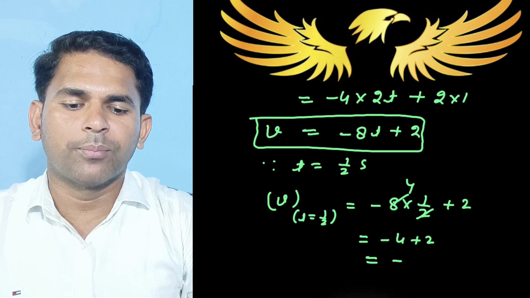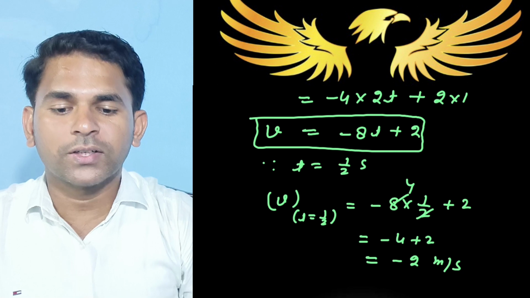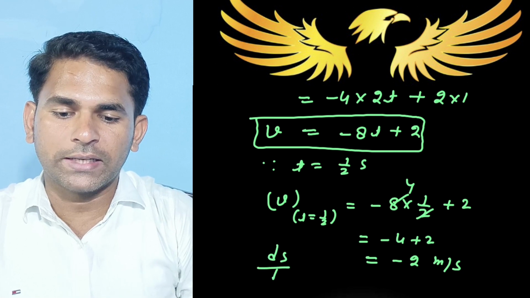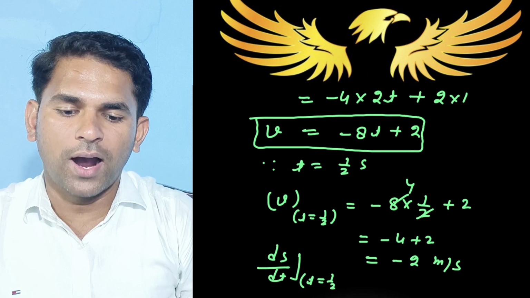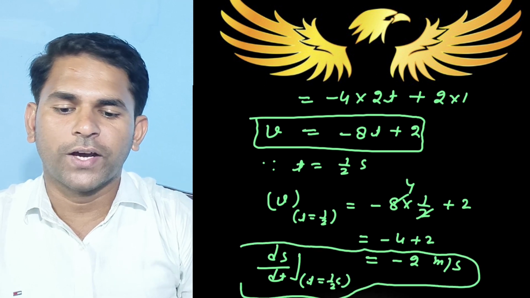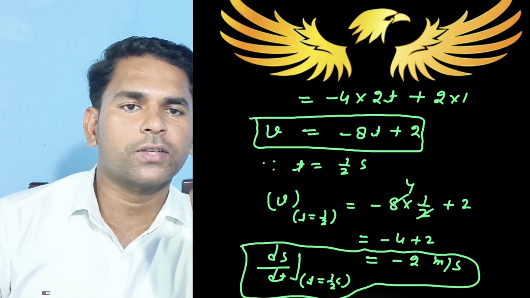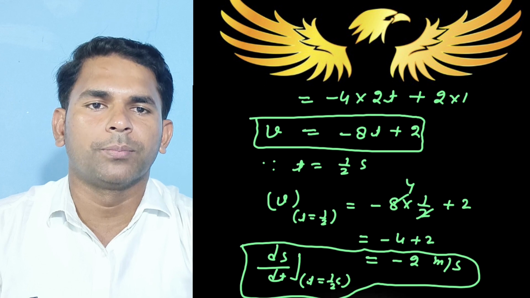So we can write minus 2 meter per second. We can also write the velocity as ds over dt at t equal to half second. So finally you get velocity at t equal to half is minus 2 meter per second.